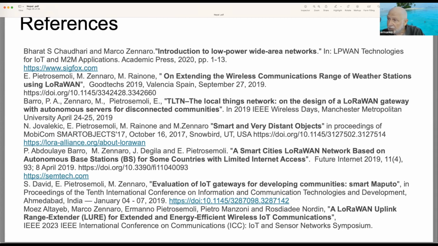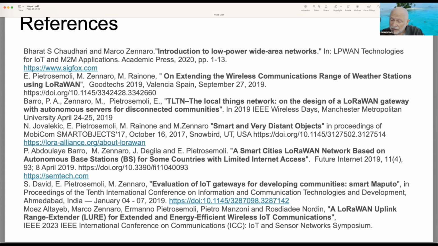So we did some long distance experiments using that, which is LoRa, not LoRaWAN, because it was just for testing purposes. But we are aiming at LoRaWAN in particular because it is nowadays the most deployed technology.